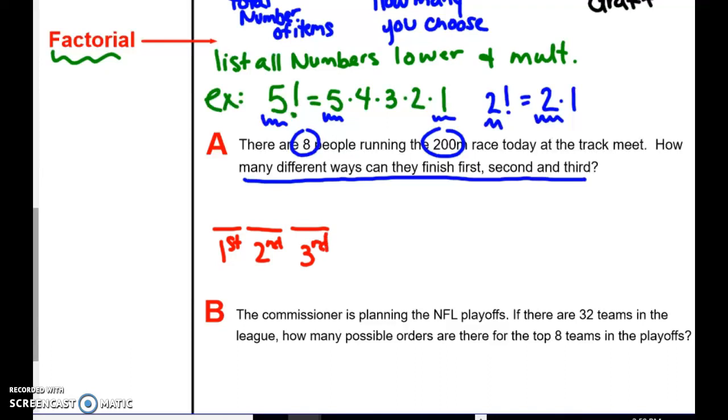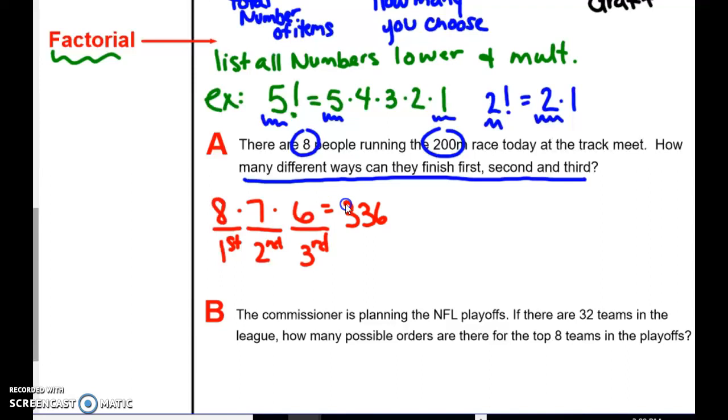How many people could finish first? 8 of them. Then once one person crosses the finish line, how many could be next? 7. And then the last one, there would be 6 people to cross for third. We would multiply those 3 things together, and we would get 336 ways of finishing.